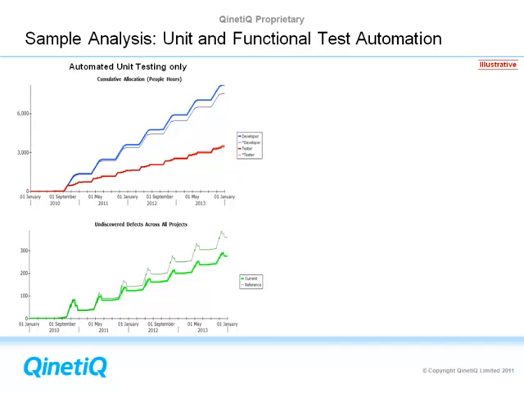There's a thin line which shows a baseline case. This is without any automation whatsoever, so all the simulations are against the baseline. And the bottom one is defects introduced into the application. Again, the thin line is the baseline with no automation. The thicker line is with the automation strategy implemented.